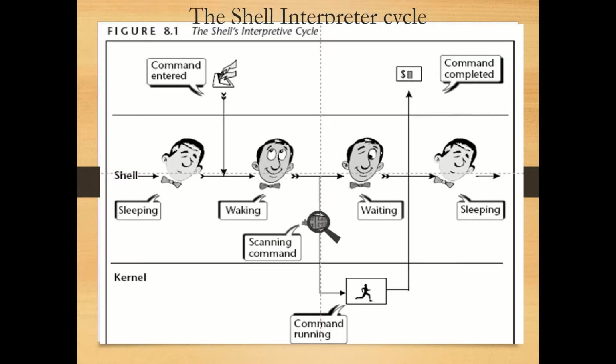The below figure shows how the shell interpretive cycle works. Some activities are typically performed by the shell. First, it issues the prompt, nothing but a $ sign or hash or some other symbol, and sleeps till you enter a command.